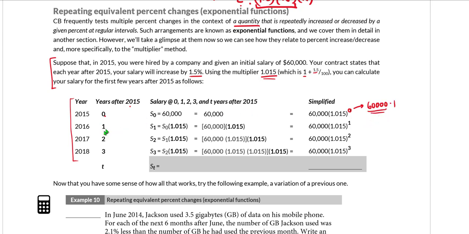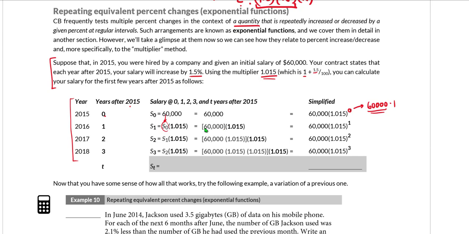Now, 1 year after 2015, that's in 2016, this is the expression we're using to represent your salary in 2016. 1 year after 2015 would be your salary in year 0, which was 2015, which was that 60,000, times 1.015.